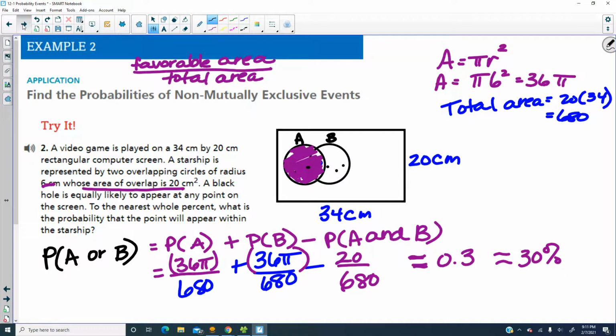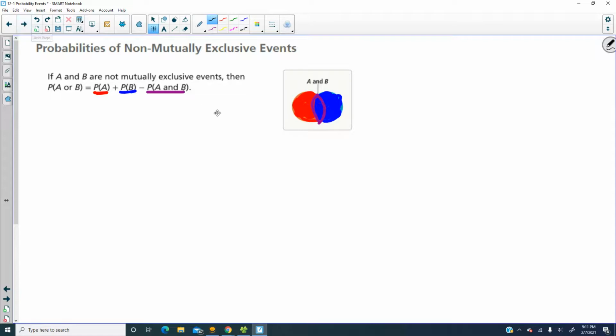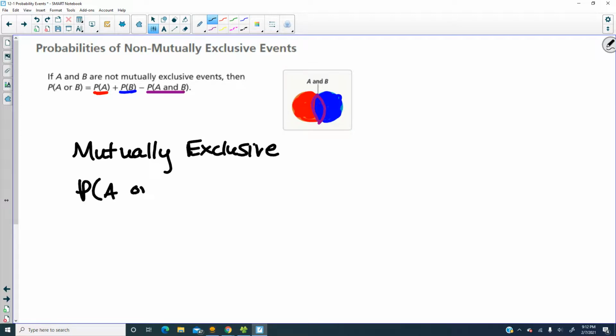Once again, this is the formula for finding the probability of non-mutually exclusive events. If you're finding the probability of mutually exclusive events, events that can't happen at the same time, you can do it similarly. The probability of A or B would be the probability of A plus the probability of the second event.